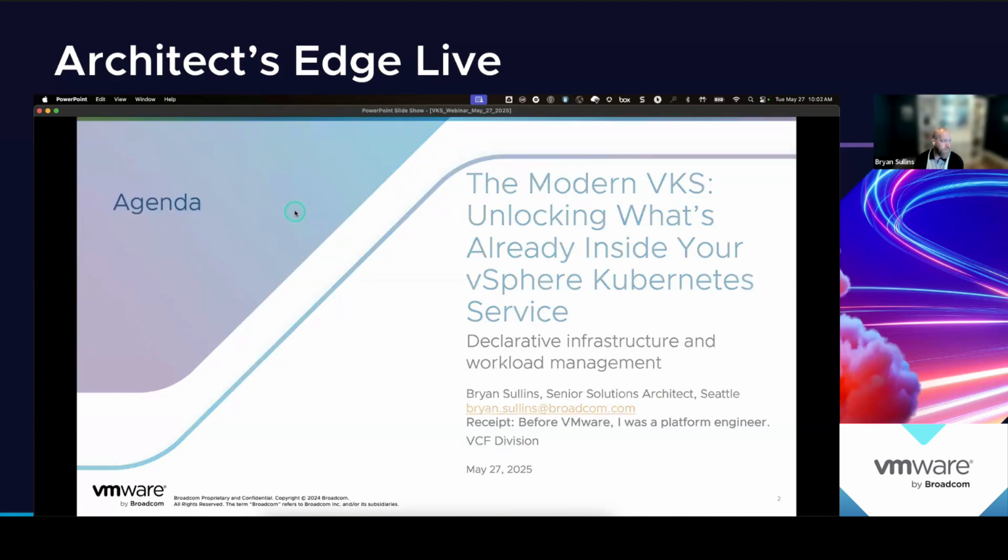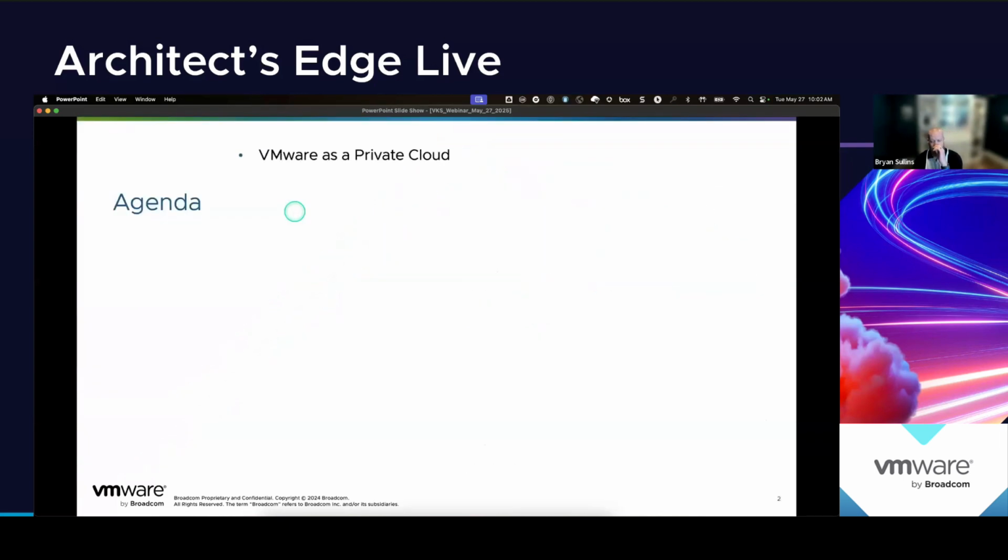So off we go. I want to level set by getting everybody into the psychology of thinking of VMware as a private cloud, because that's going to set the stage quite literally for everything else we are going to be talking about throughout the rest of our hour here. I've decided to frame the context we're getting into as myth busting.